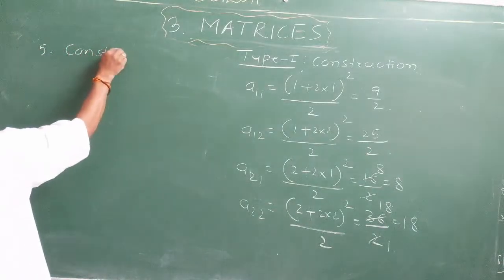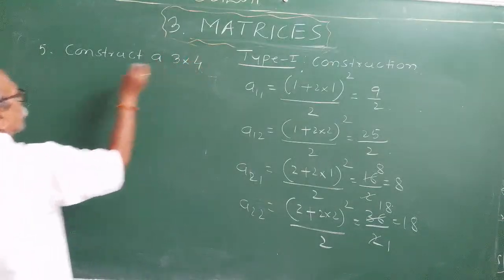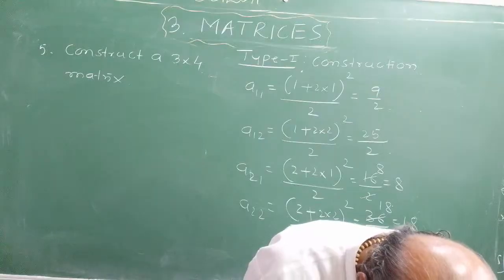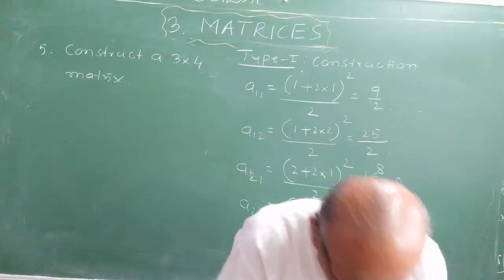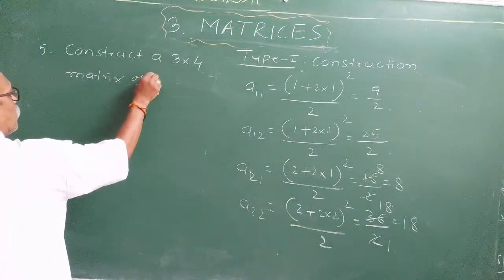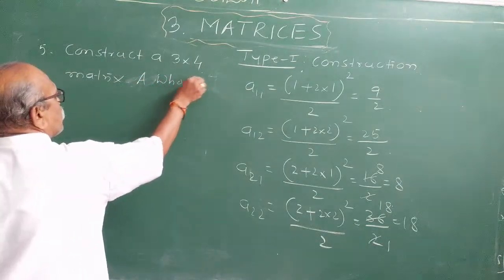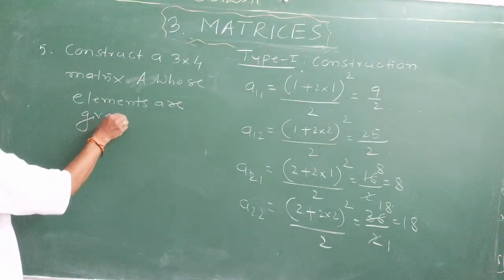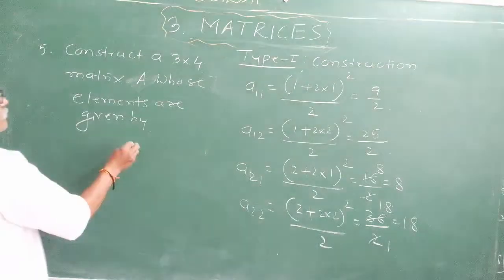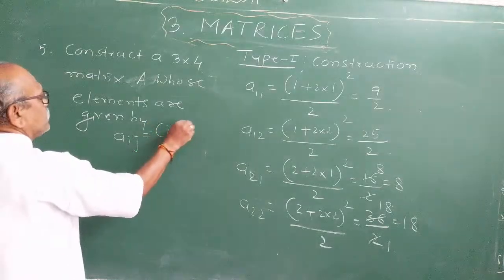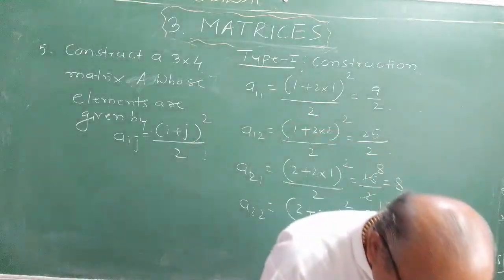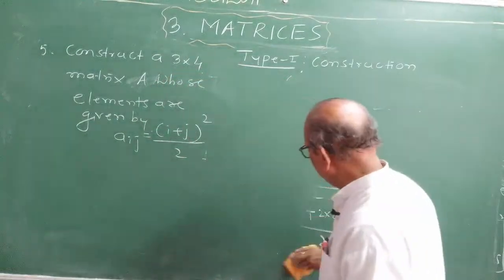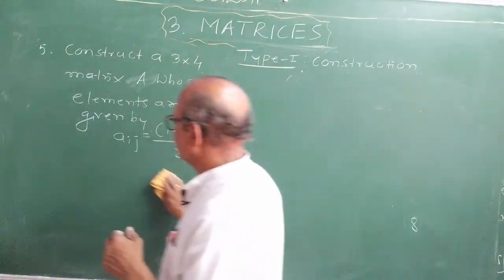Construct a 3 by 4 matrix A whose elements are given by Aij is equal to (I plus j) whole square upon 2. Try this problem.